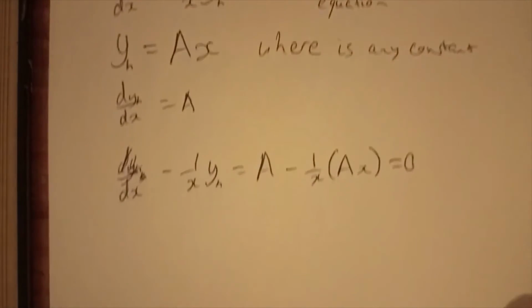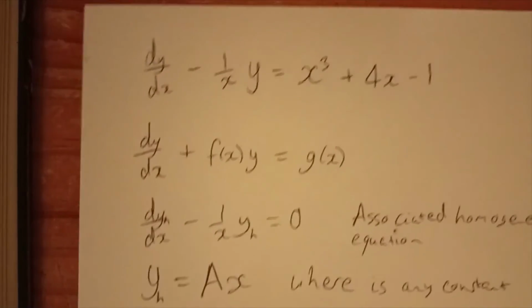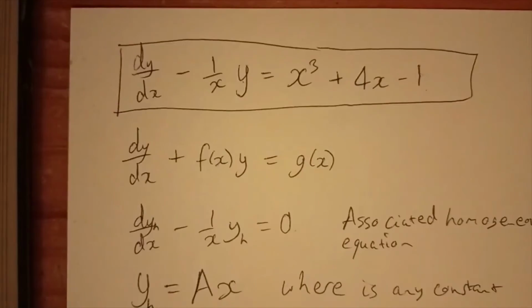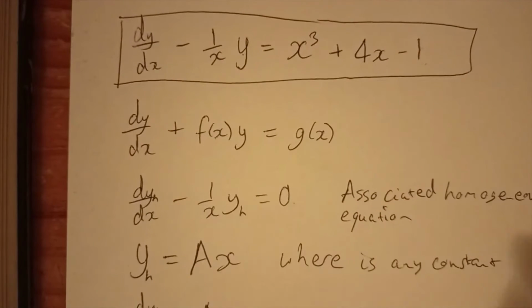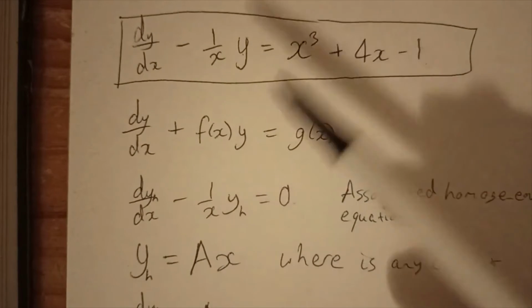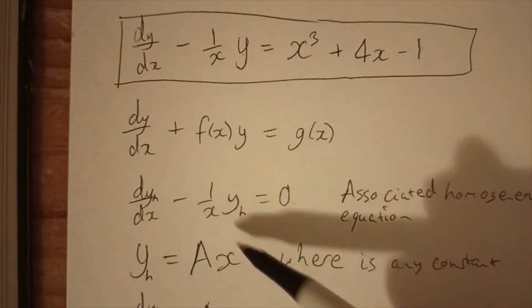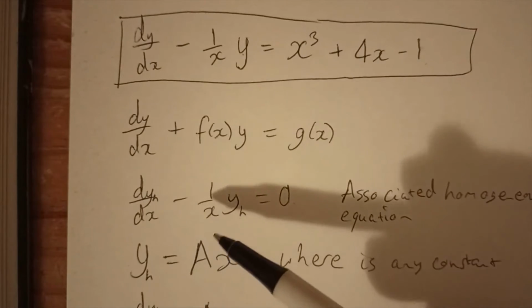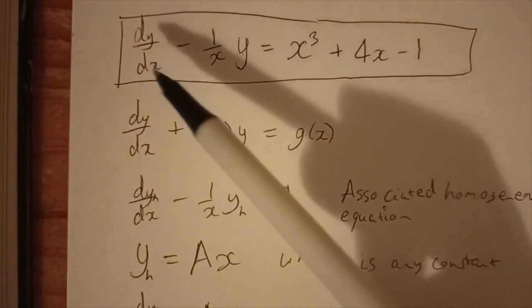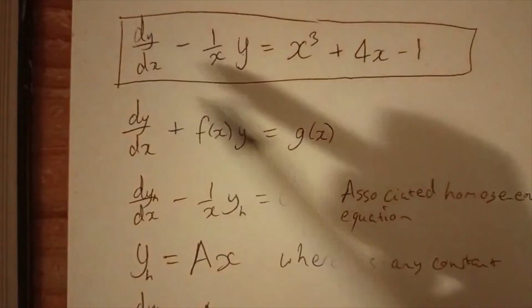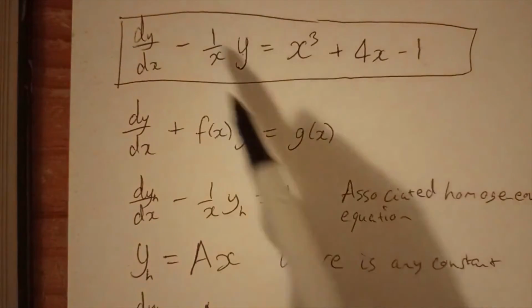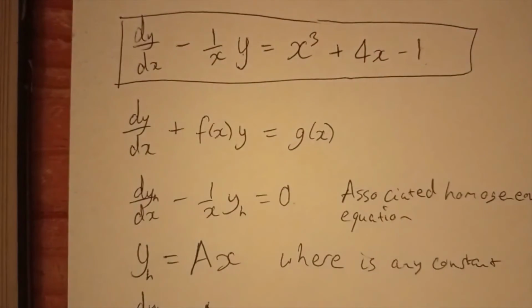So to find the solution to the original differential equation, as before, we take the sum of the general solution to the associated homogeneous equation with a particular solution to this differential equation, and that will give the general solution.